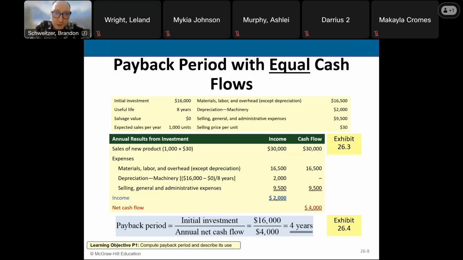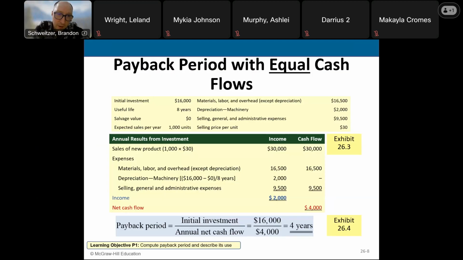There's some cost associated with operating the piece of machinery, as you know. We got our regular costs like materials, labor, overhead, the depreciation of the machinery, and we have selling, general, administrative expenses. So we got to figure out first, what is our income?